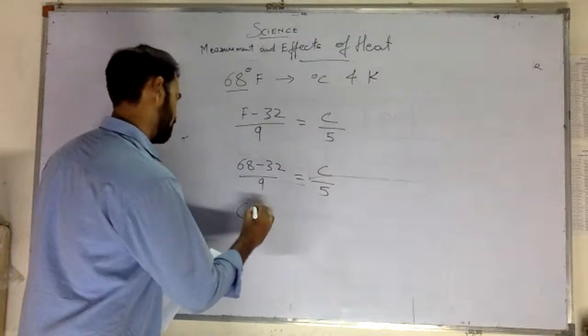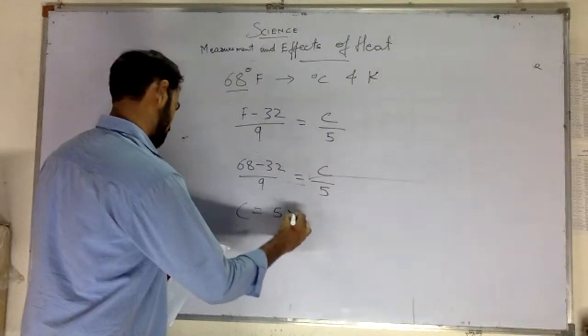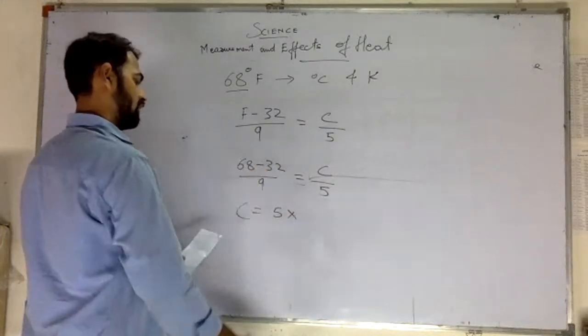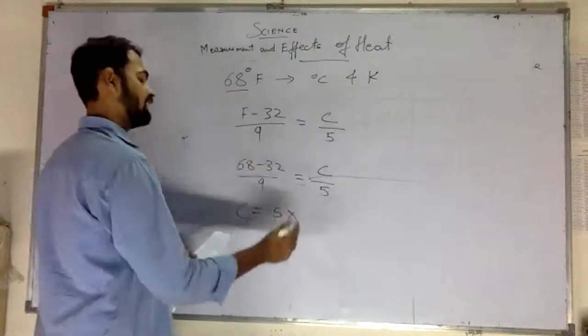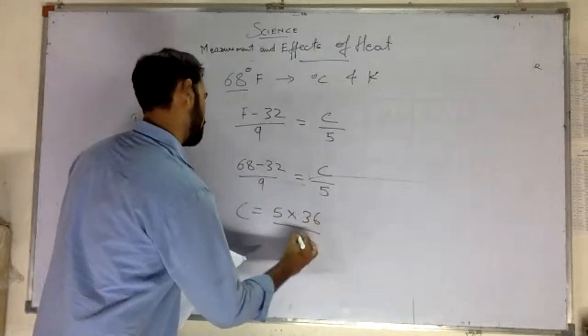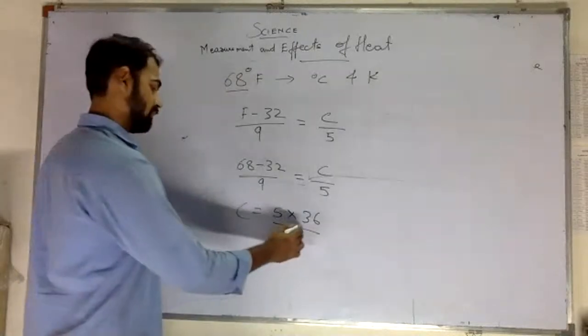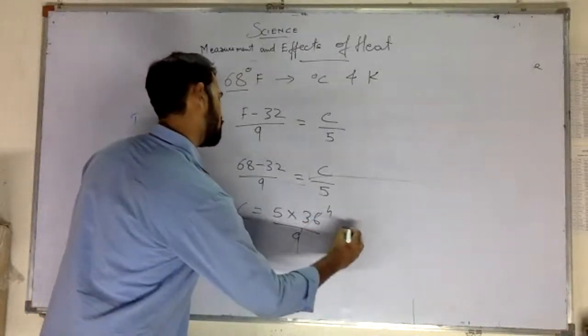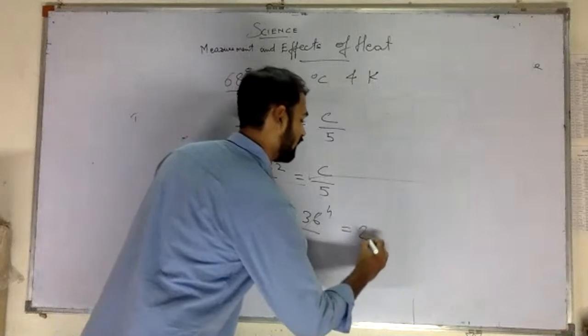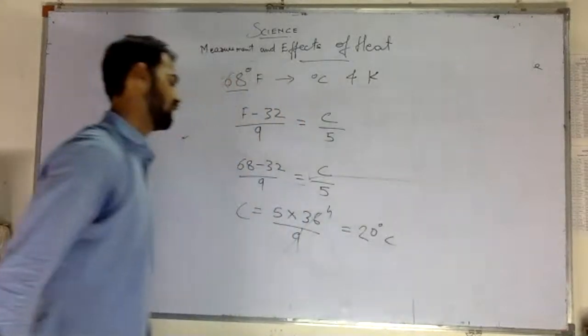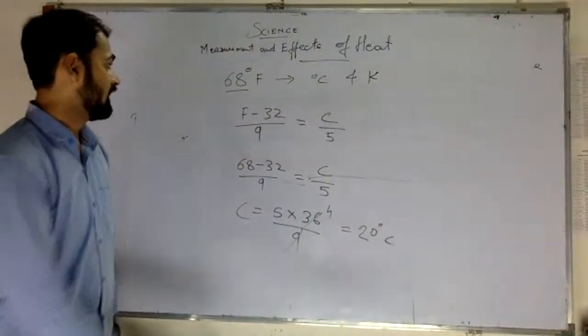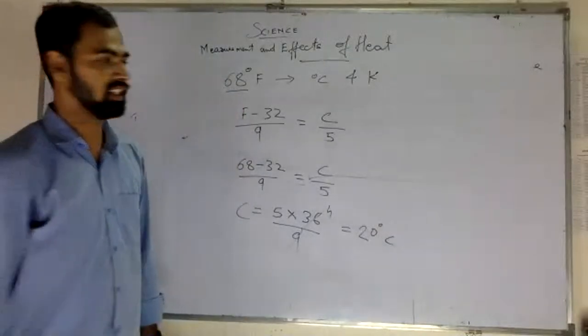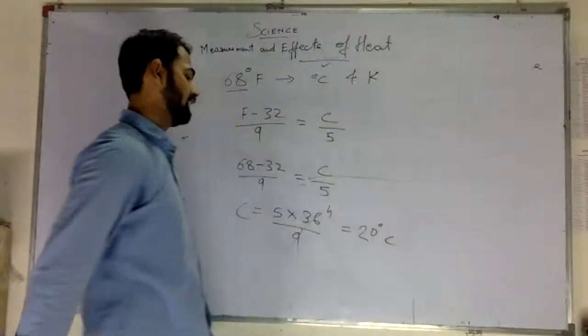So C will be equal to 5 into 36 upon 9. 36 upon 9 is 4, so you will get 20 degrees Celsius. That is, 68 Fahrenheit is 20 degrees Celsius.